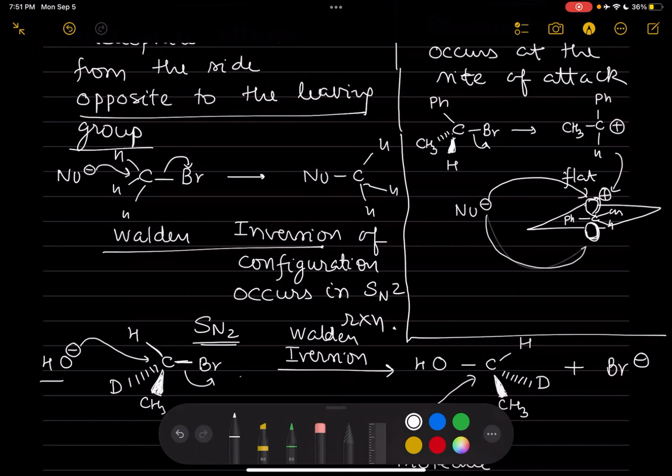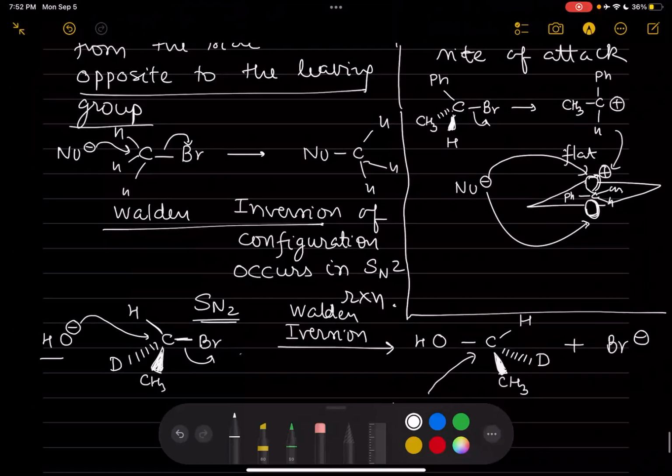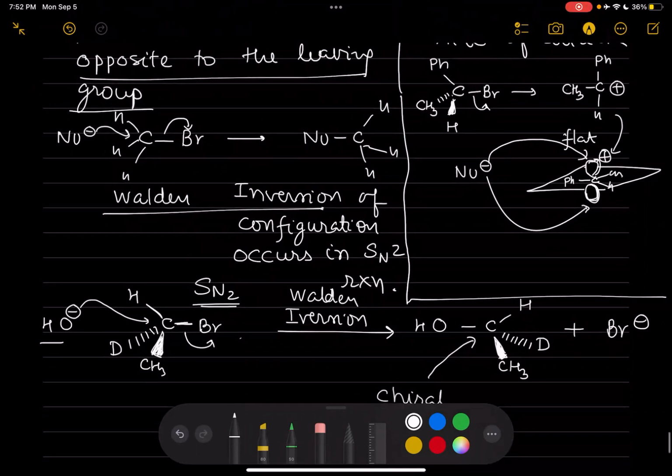There is nothing to guide the nucleophile to come from this side or that side. If the nucleophile comes in from one side, you get one isomer, and if it comes from the other side, you get another isomer.